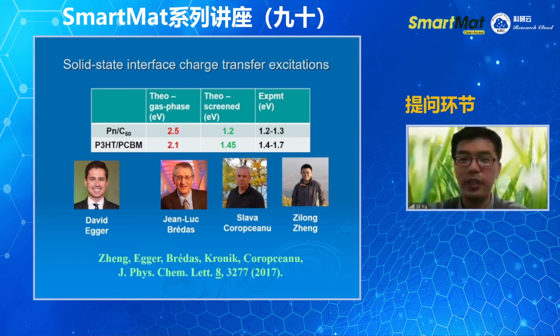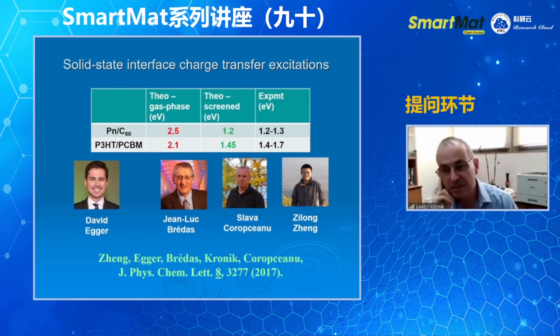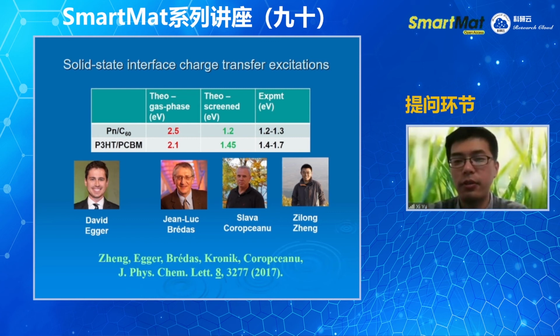So please allow me to ask another one, because I am really interested in the application of this method in transport systems, for example, to calculate charge transport in a molecular junction, where you have to calculate the Green's function.